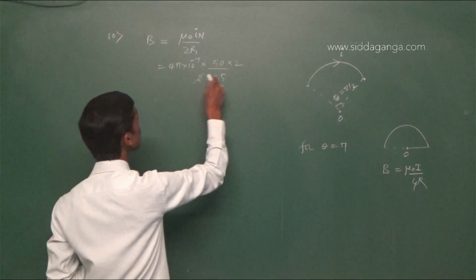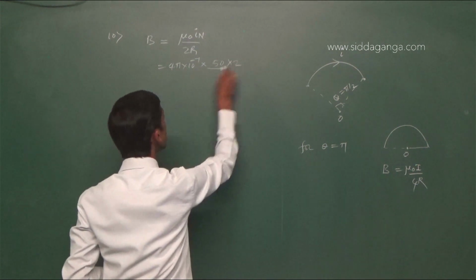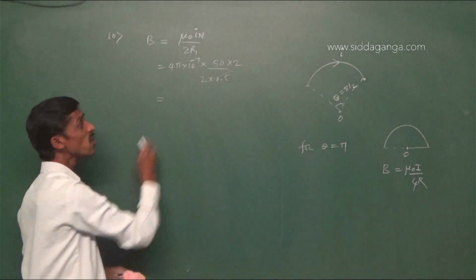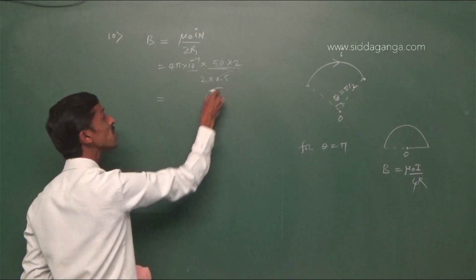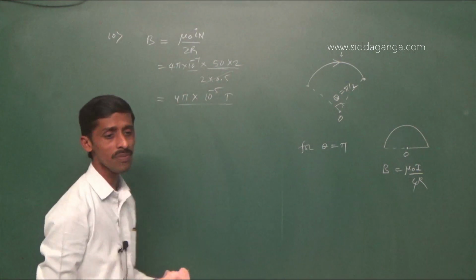So 2 cancels here, otherwise you can do 2 into 0.5, which is nothing but 1. So that is equal to 100 into 10 to the power of minus 7, that is 10 to the power of minus 5. So 4 pi into 10 to the power of minus 5 Tesla.